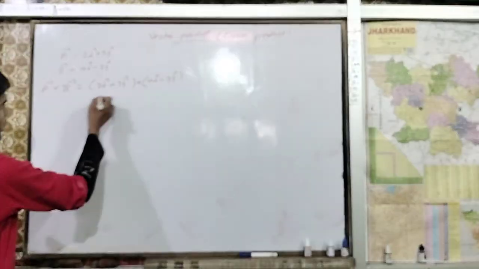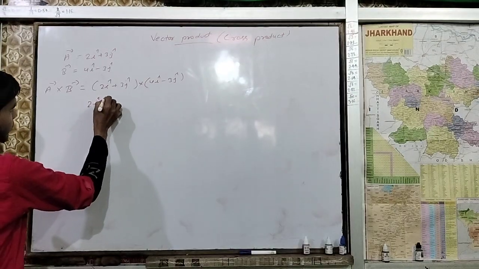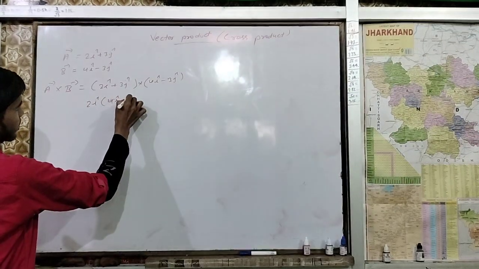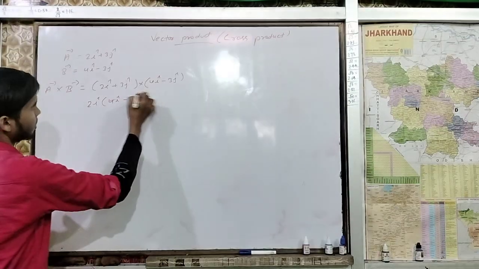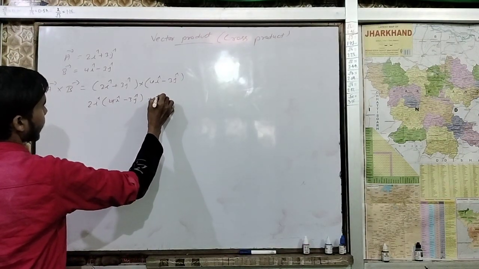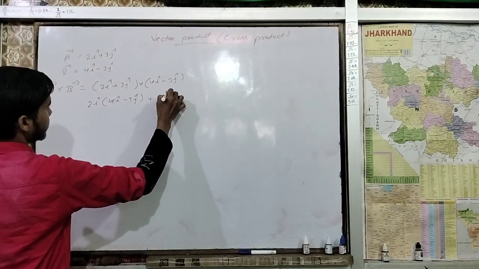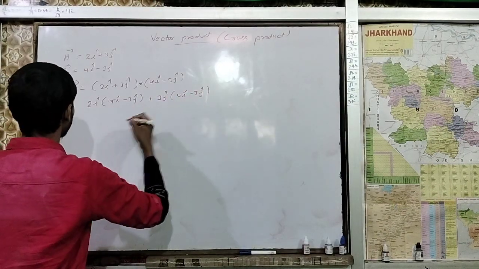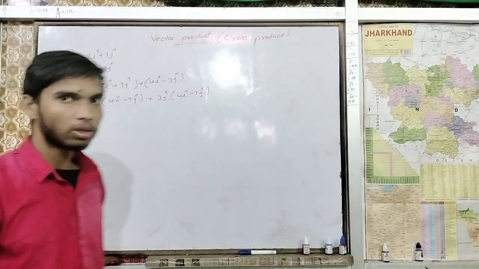You can write it like that: 2I cap times 4I cap minus 3j cap. Clear? Then plus 3j cap times 4I cap minus 3j cap. That is what you will do.